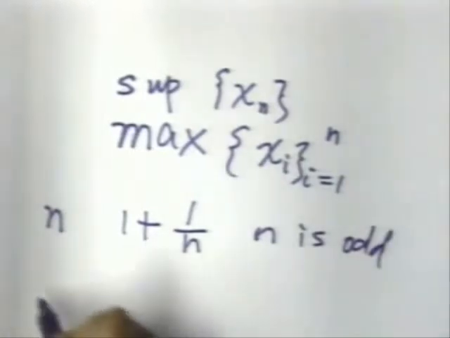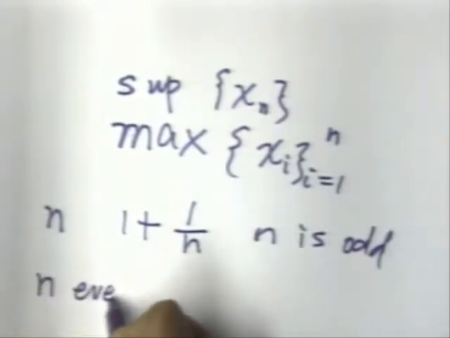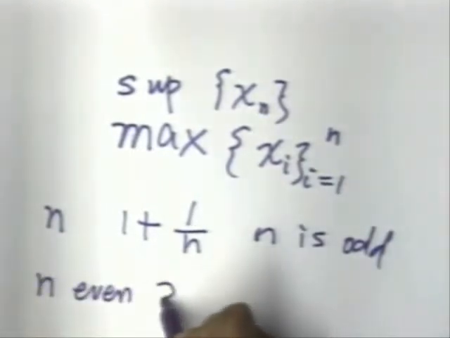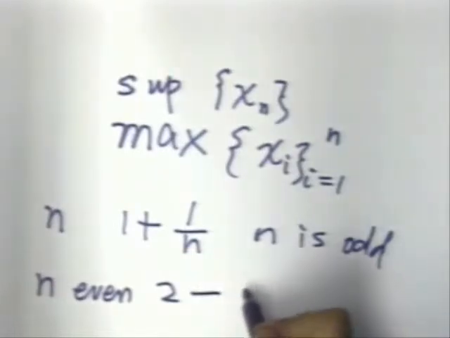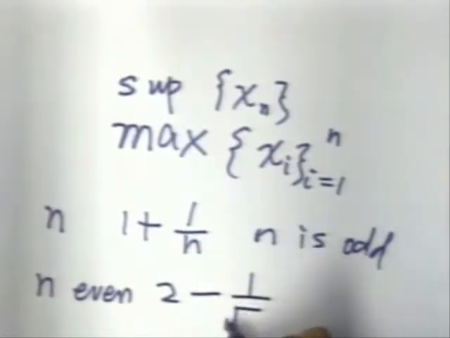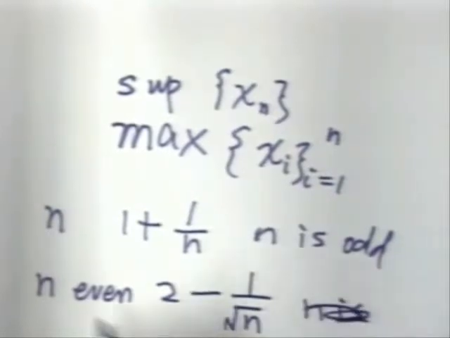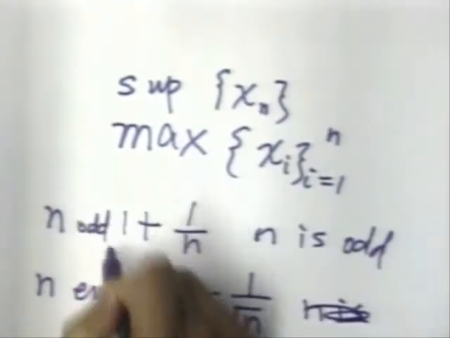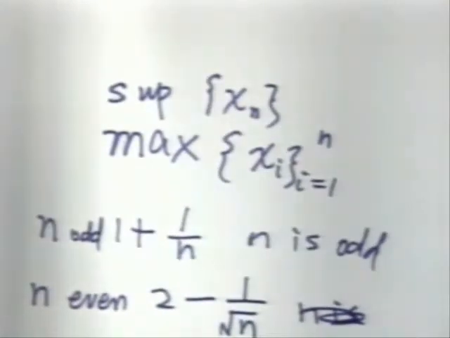And then when n is even, it is, let's say, 2 minus this, when n is even. Okay, so that's also a sequence, right? Can I find the limit of this sequence?